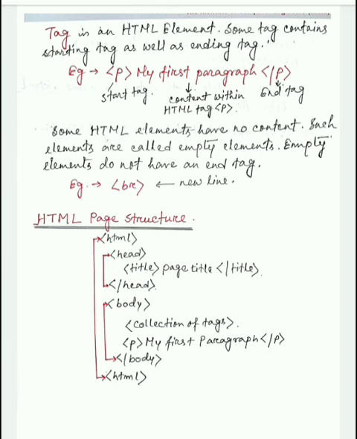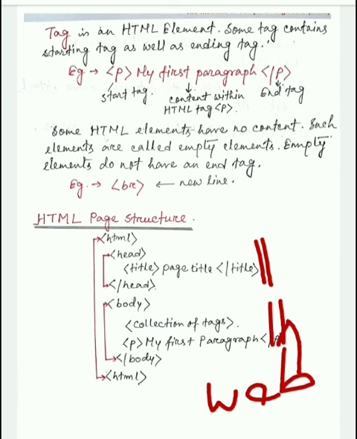Between this, this is one block, open and close. Within this block, there are two parts. One part is the head part and another part is the body part. Okay. Whatever you write in the head part will not display in the web page, mind it. And whatever you write within the body part will display in the web page.